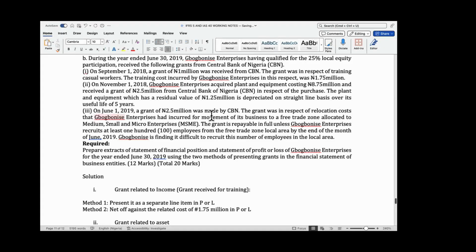That we have incurred for movement of his business to a free trade zone allocated to MSMEs, they told us that the grant is repayable in full unless Gbogbo Nishe recruits at least 100 employees from the free trade zone by the end of the month of June 2019. So Gbogbo Nishe is finding it difficult to recruit this number of employees.